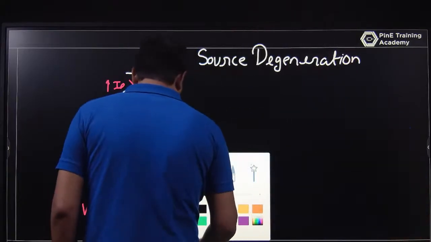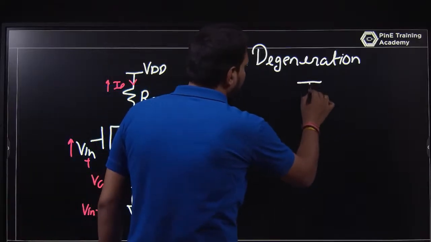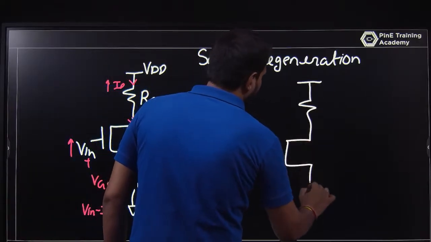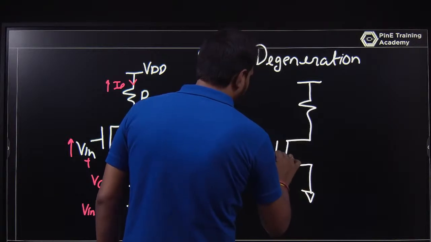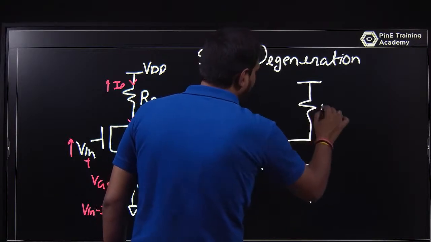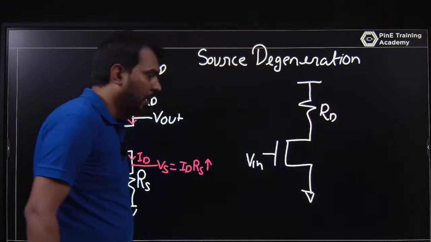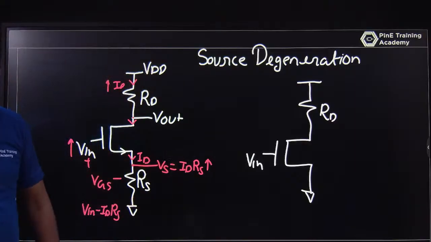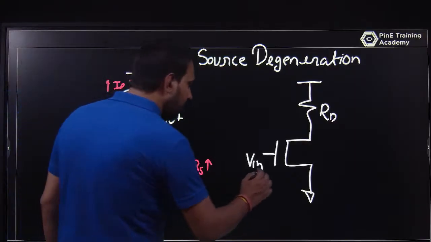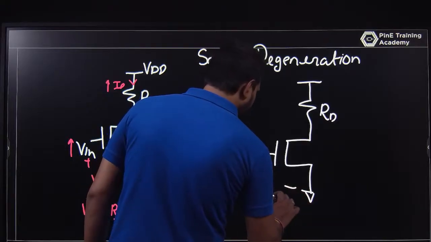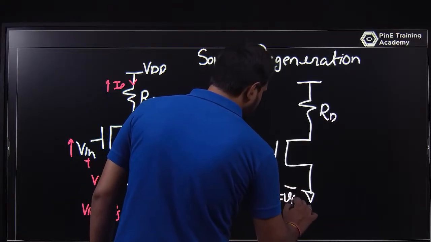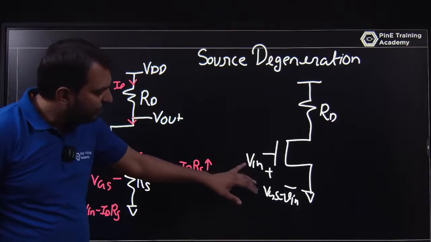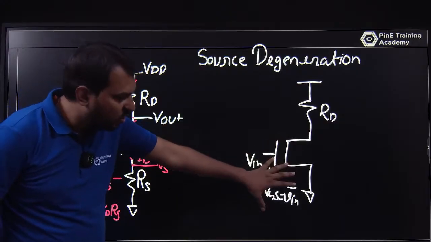Just compare both circuits. Let's say you have an input. VGS here is V in. As VGS changes, there is no feedback.